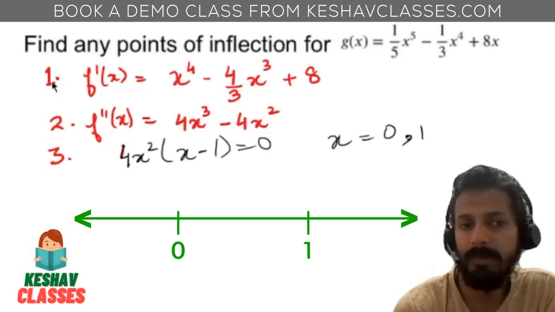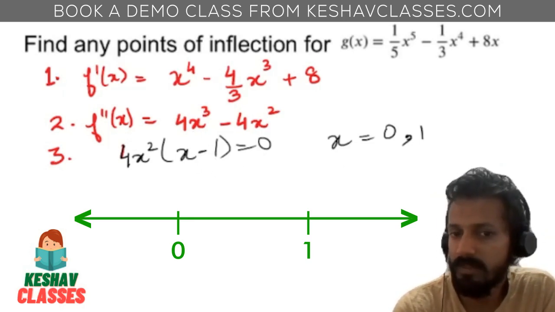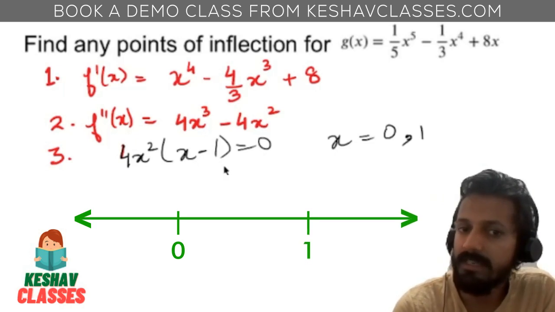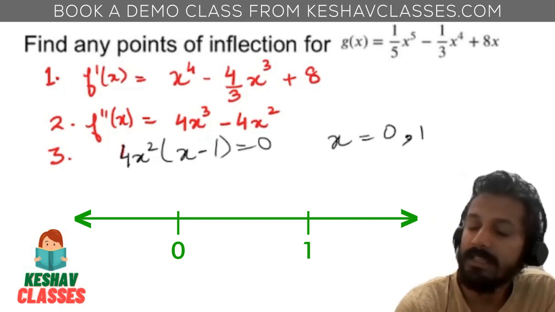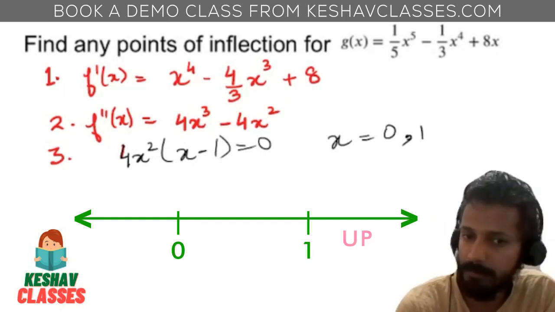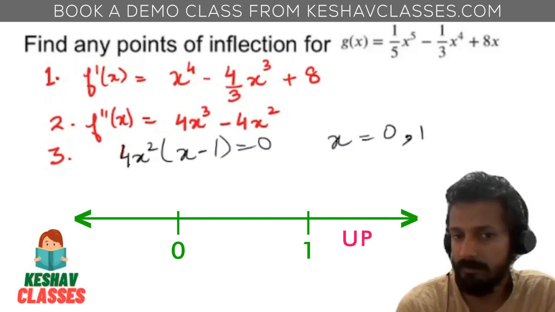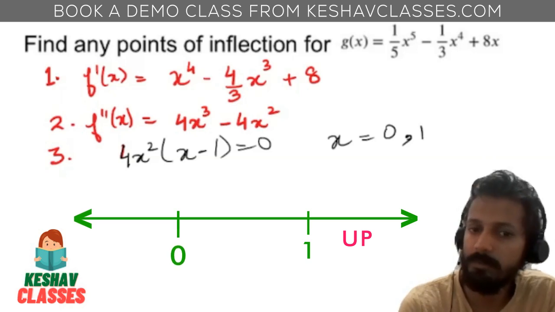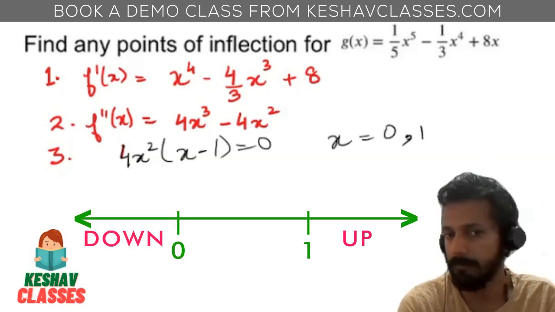Now, if I plug in 2 in this double prime, that means this range, it's going to be a positive number. So this will be concave up. If I plug in negative 1 in this, it will be negative, so this will be concave down.